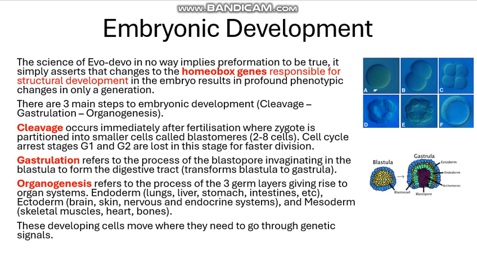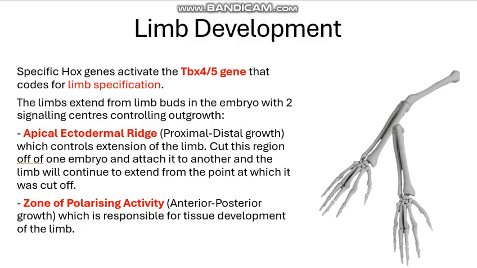You can go from having, say, two eyes to having one eye if you get structural development mutations in homeobox genes causing cyclopsism, or whatever it's called. Or one that we're going to talk about here, you can get extra limbs.